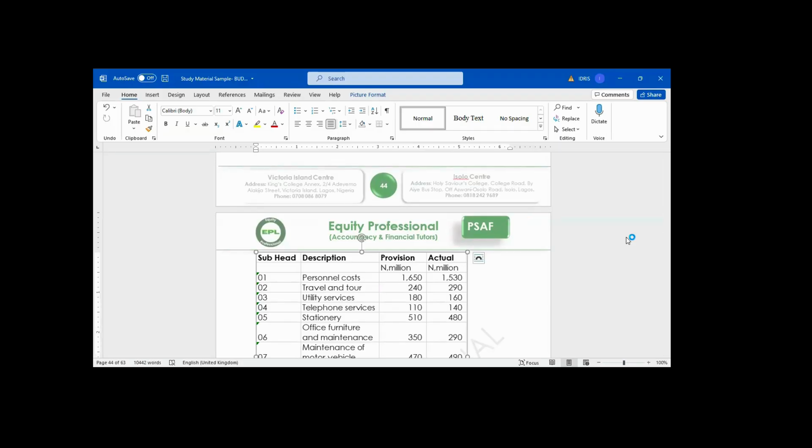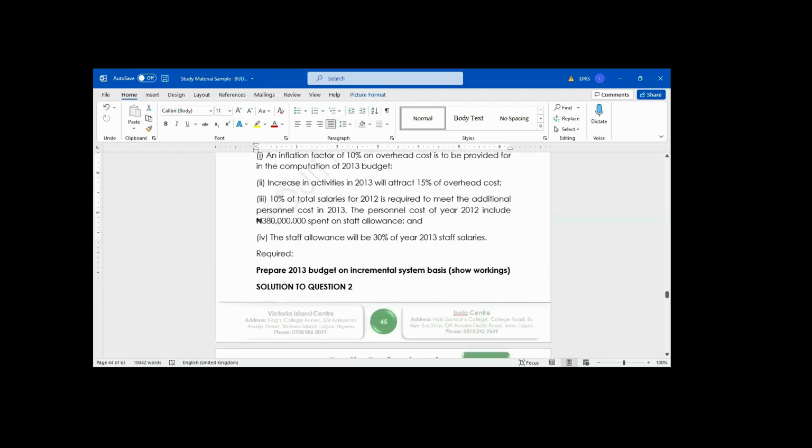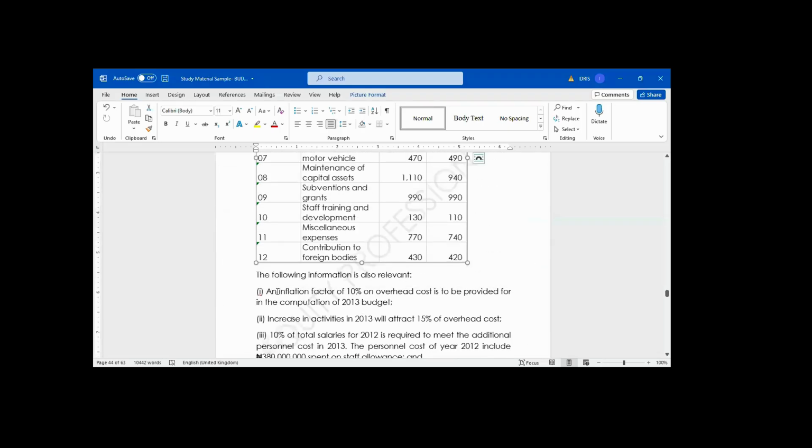Can we see the 290? This 290 now, what is going to affect the 290? Note 1 and 2 affect overhead.